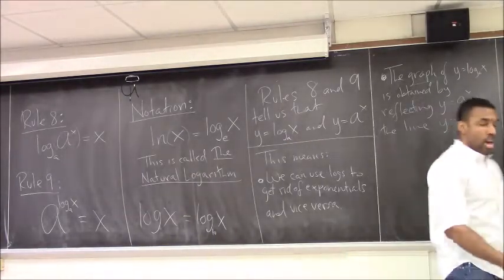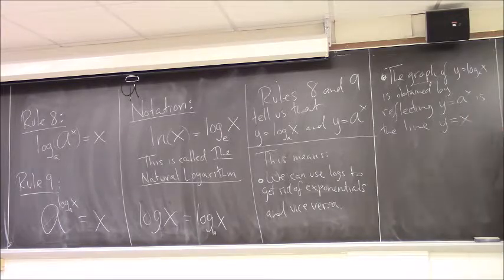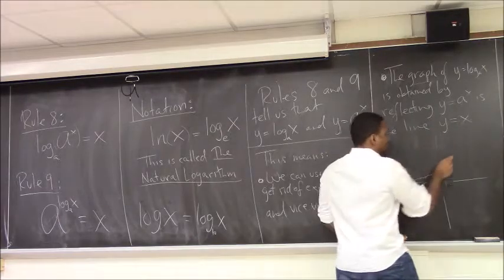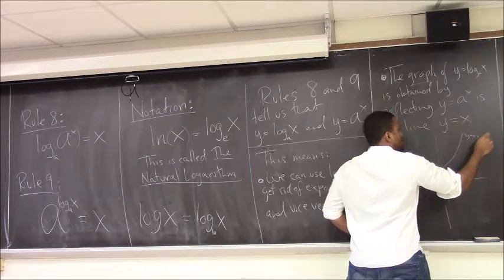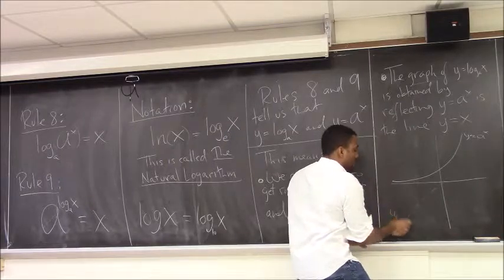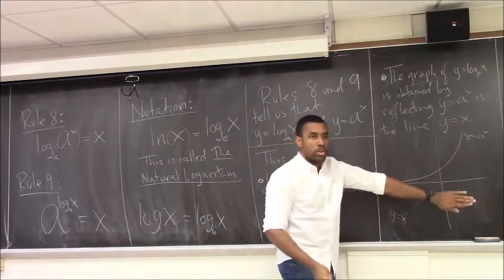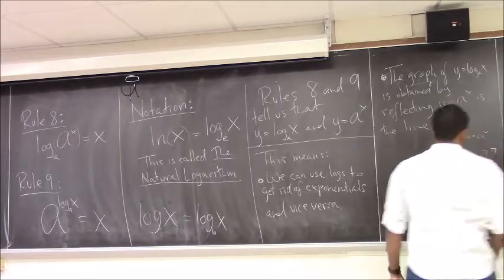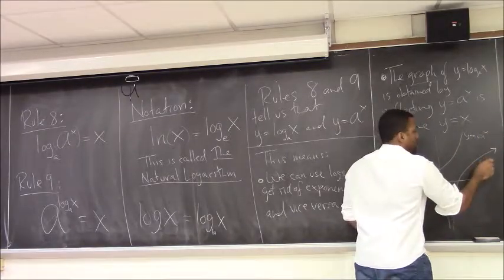So you want all your y values to become your x values, and all the x values to become your y values. That tells you that because you know the graph of the exponential, y equals a to the x, you can take the line y equals x and mirror the graph over that line. You will get another graph that looks like that, and that graph is your log graph.